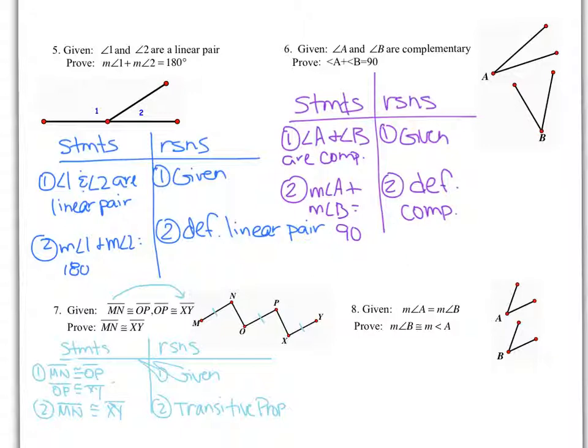Okay, so this one says if the measure of angle A equals the measure of angle B, then we actually don't want the measure on there.